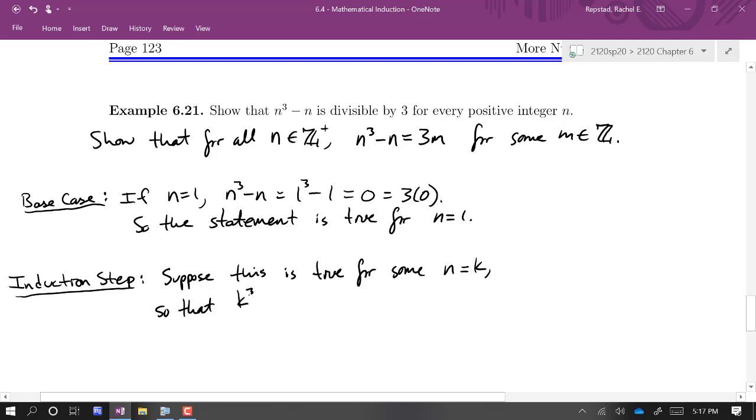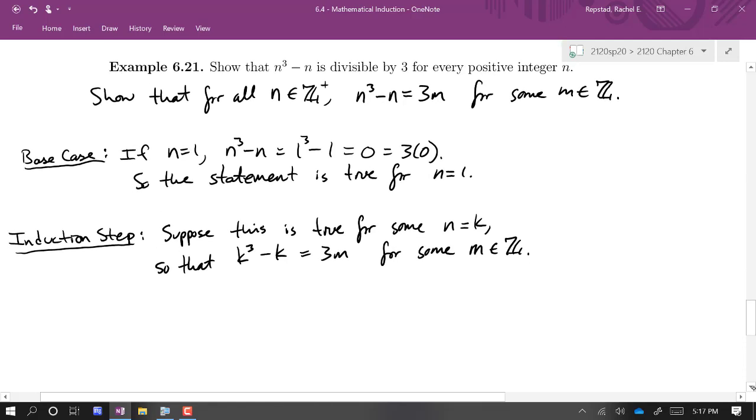So that k cubed minus k is 3 times m for some integer m. Okay, now what we want to do, so we get that for free, right? So remember that, we're going to have to refer to that at some point, but now we got to take a look at what this expression is when n is equal to k plus 1.